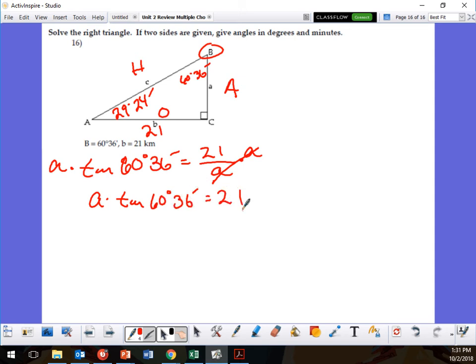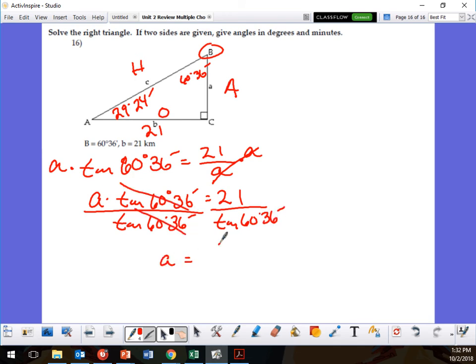Now, to get a by itself, a is multiplying by that tangent 60, 36, right? How do you undo a multiplication? Divide. So I'm going to divide both sides by tan 60 degrees, 36 minutes. Bam, bam.